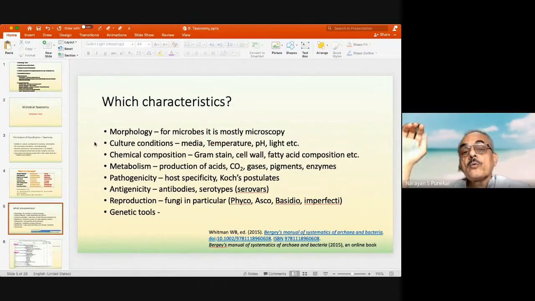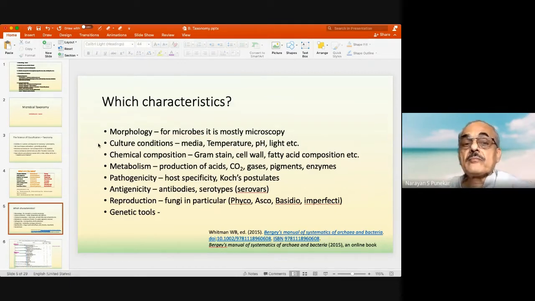This is how you classify organisms as thermophiles, hyperthermophiles, mesophiles, psychrophiles. Thermophiles love higher temperature, and their growth rate is best at higher temperatures. So culture conditions can also classify.